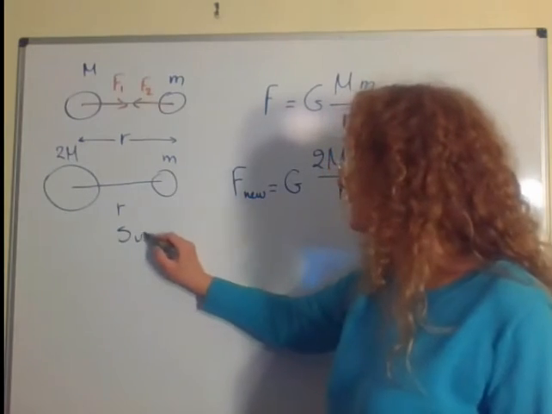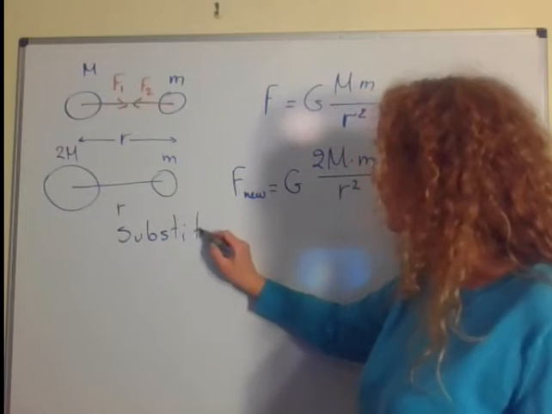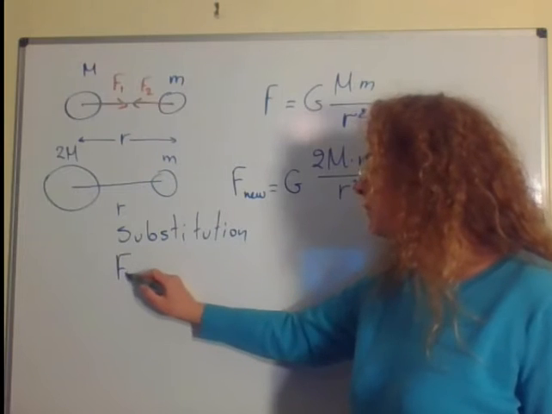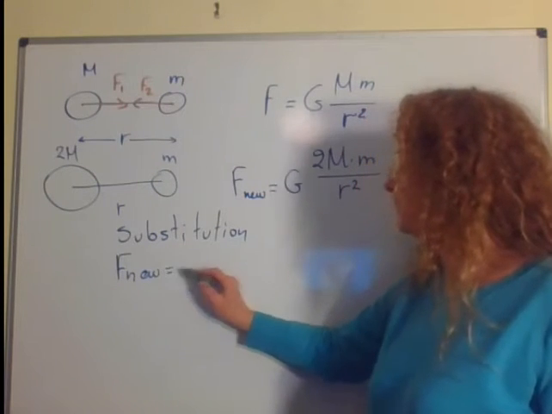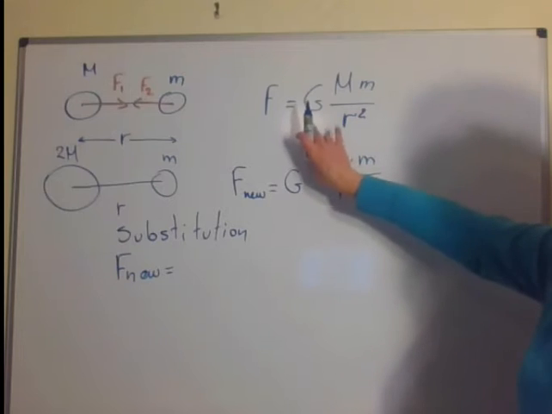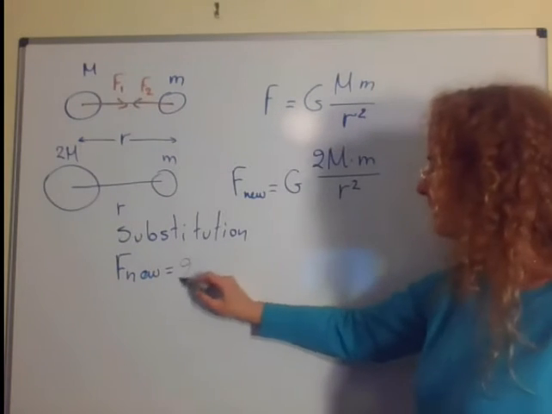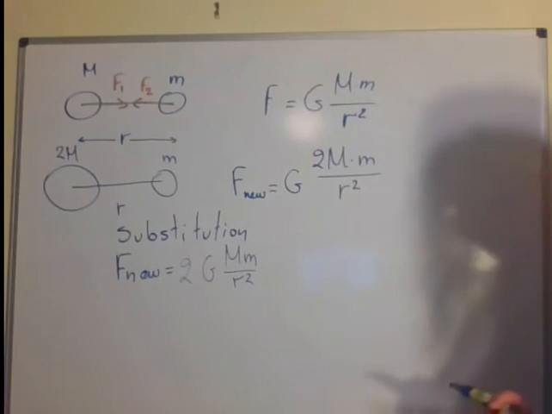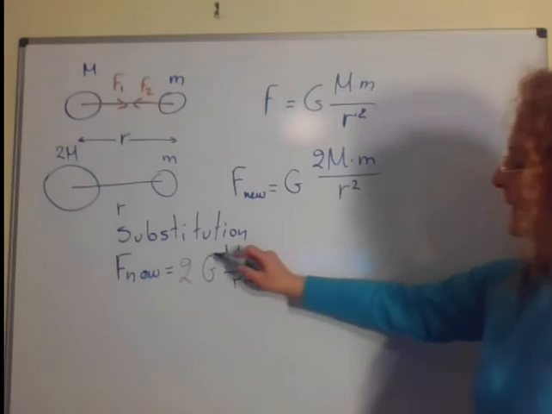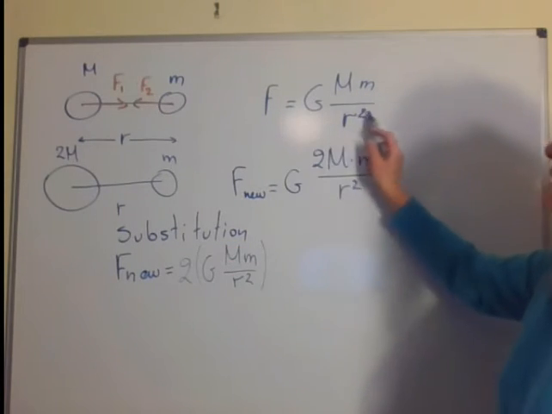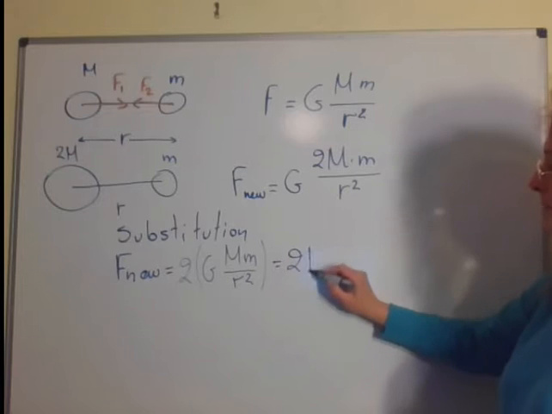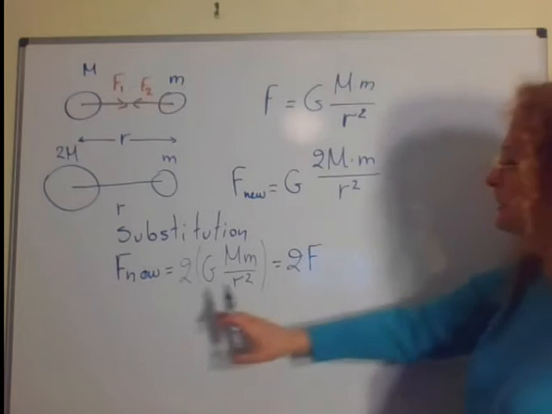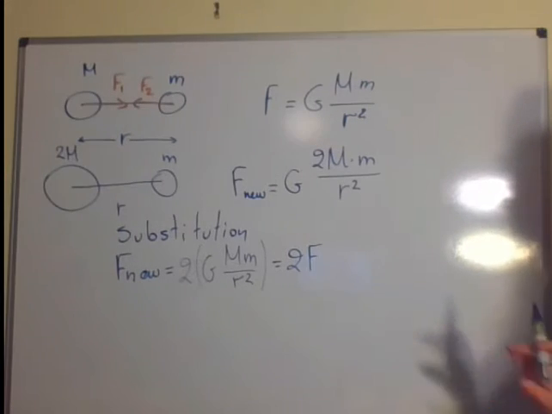Substitution means taking the new force and putting the numbers outside the formula, and seeing that what is left is actually the old force. And substituting this with the old force, we see that the new force is 2 times the old force.